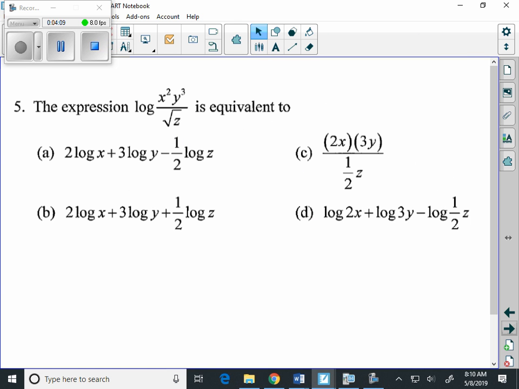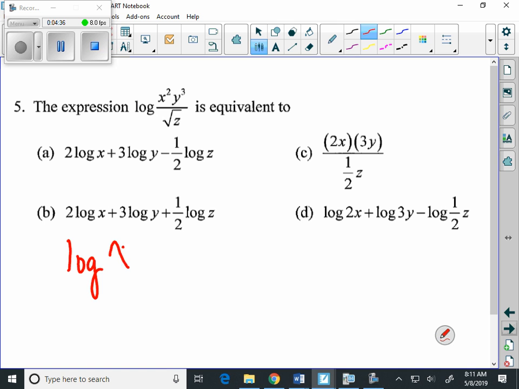Number 5, the expression log of x squared y cubed divided by the square root of z. Well, there's that square root of z again, but we've got multiplication in the top of the fraction, and we've got the square root in the bottom of the fraction. So what we're going to do is expand this, and I'll start just with the top of the fraction, writing it as log of x squared plus log of y cubed.